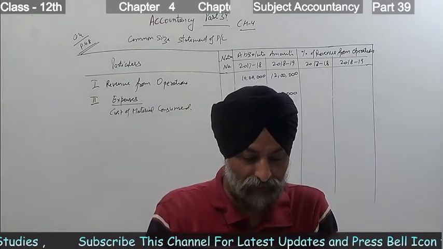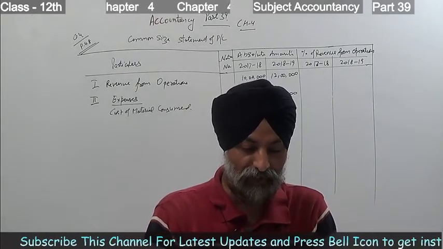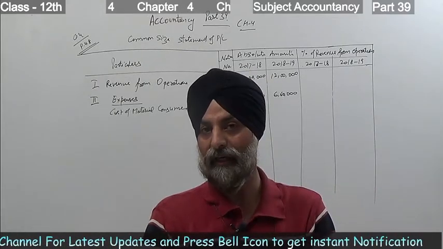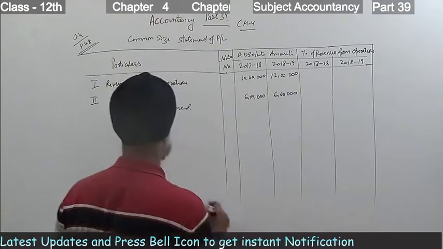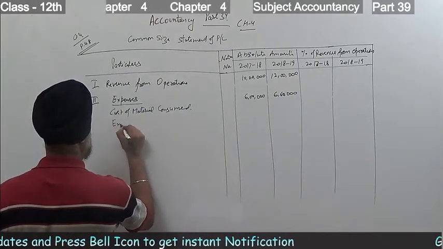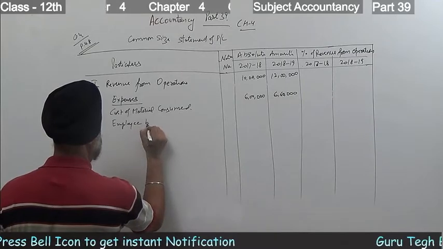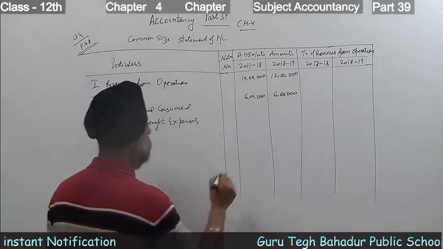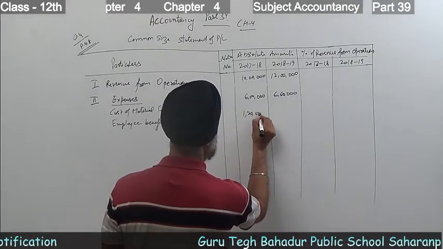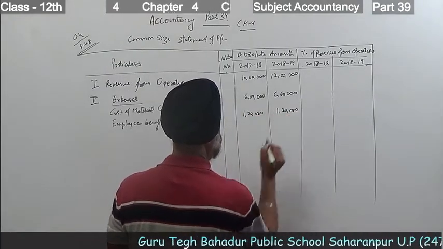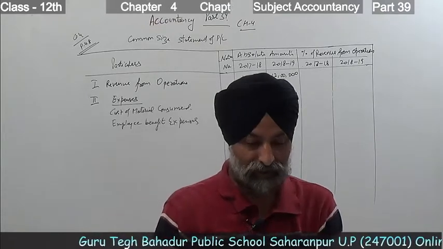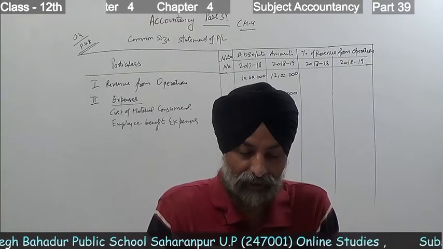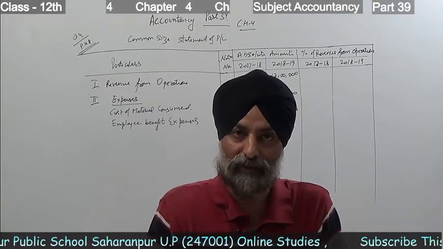This is employee benefit expenses, this is 1,20,000, and again the same in 18 and the same in 19, 1,20,000. And next, other expenses are 50,000 in 2018 and 96,000 in March 2019.